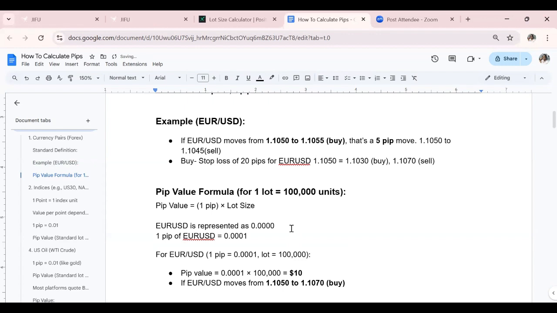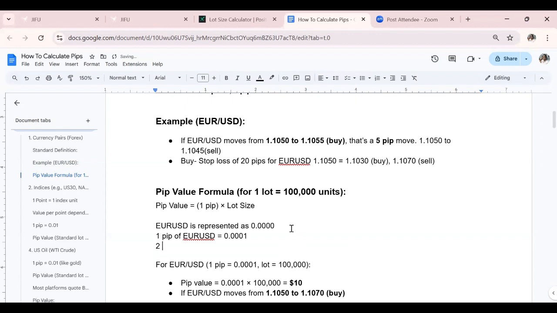That is 1 pip movement. 2 pips of Euro USD is 0.1232. Do you understand? Yes, I do. Fantastic. So that's how it is represented.